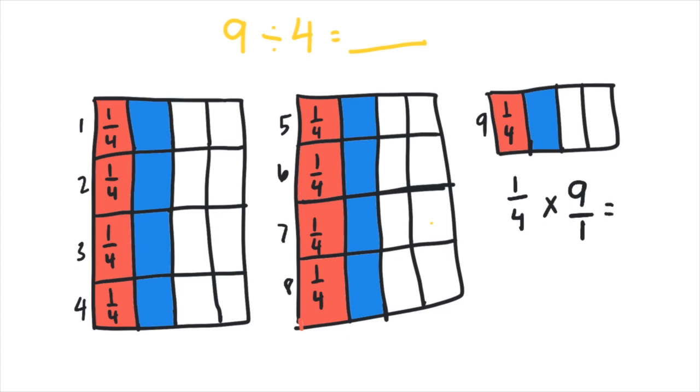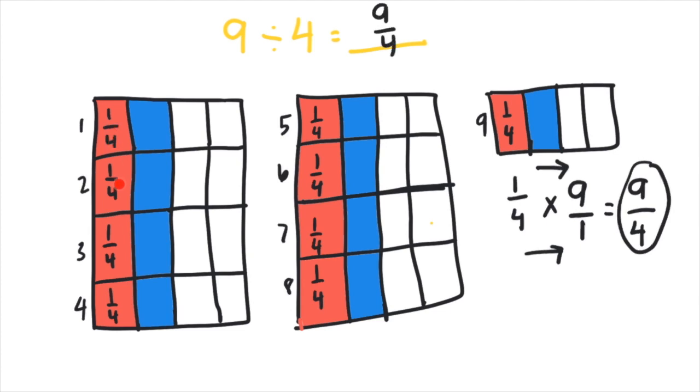And then we multiply straight across. That's 9/4. Okay, so now our answer is 9/4. And do we see that? We have 1/4, 2/4, 3/4, 4/4, 5/4, 6/4, 7/4, 8/4, and 9/4. 9/4 is how much each person gets.